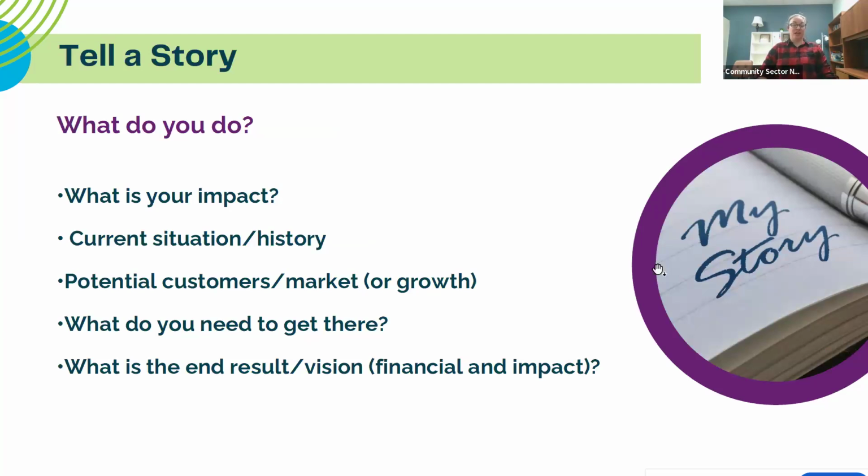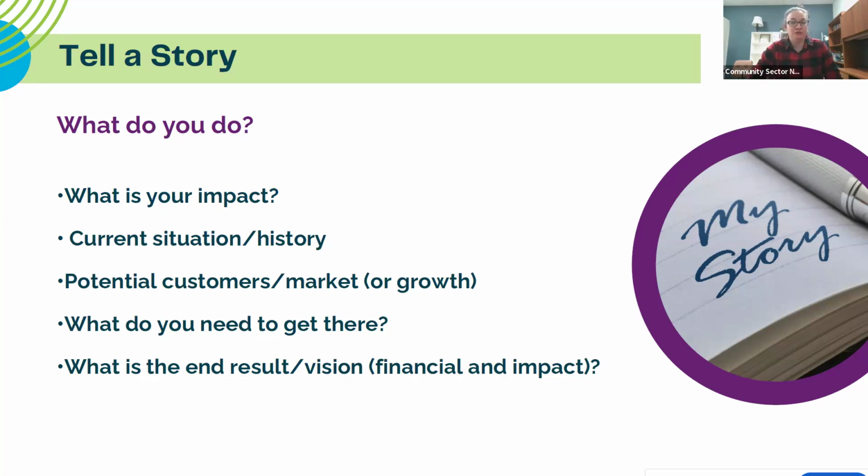So a business plan usually begins with telling a story. For a social enterprise, you're going to include what your impact is. A social enterprise, in addition to having a for-profit goal in the business, is also looking to have some type of social impact, so you want to make sure that's clearly illustrated right up front. You're going to talk about what your current situation is for your nonprofit organization, so how are you currently serving needs in the community?